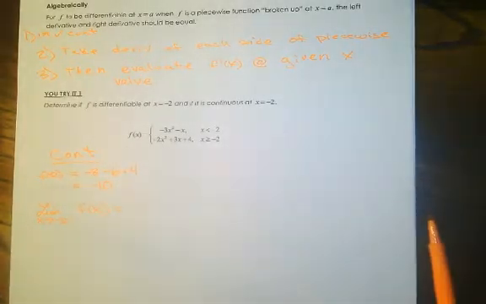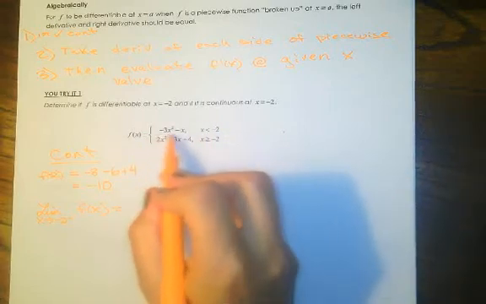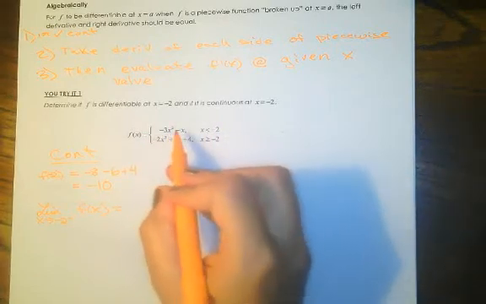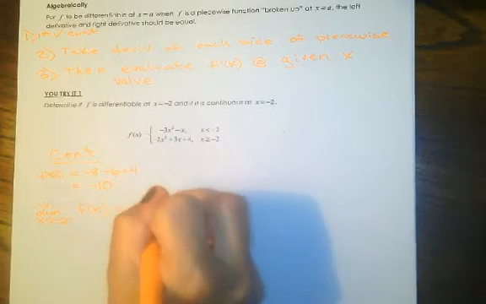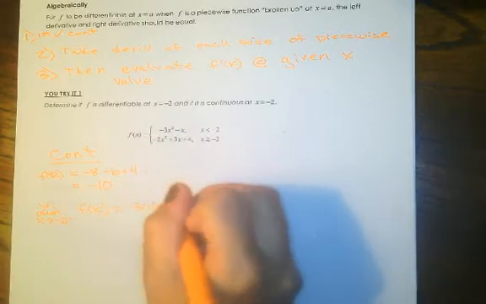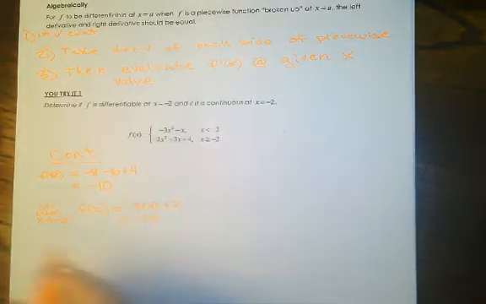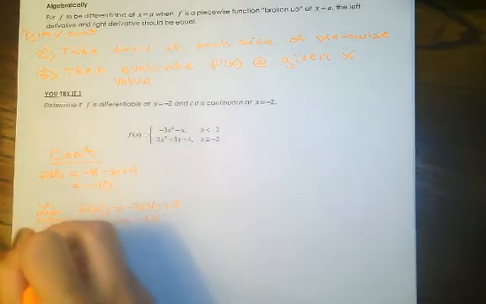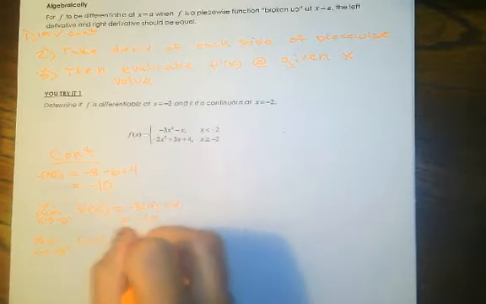When you plug in -2 from the left, I'm plugging in here. So you get 4 times -3, which is -12, plus 2. That gives me -10. Then I need to check the limit from the right, which we already know because we already plugged in, so we already found that to be -10.